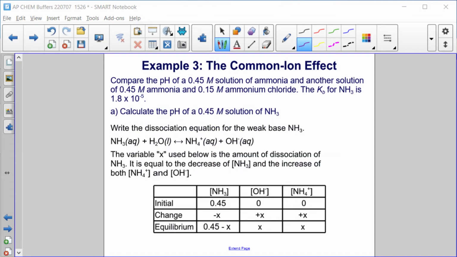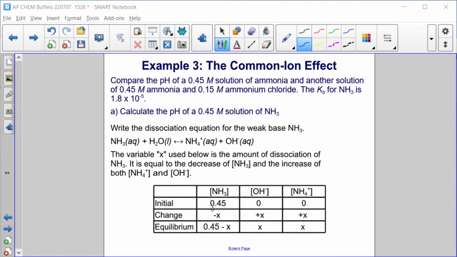All right, let's calculate the pH of just 0.45 molar NH3. Start by writing the dissociation of NH3 in water to NH4 plus and OH minus. Initially, we have just our reactant, NH3, 0.45 molar, and no product. We're going to use the variable X to show the dissociation of the NH3.